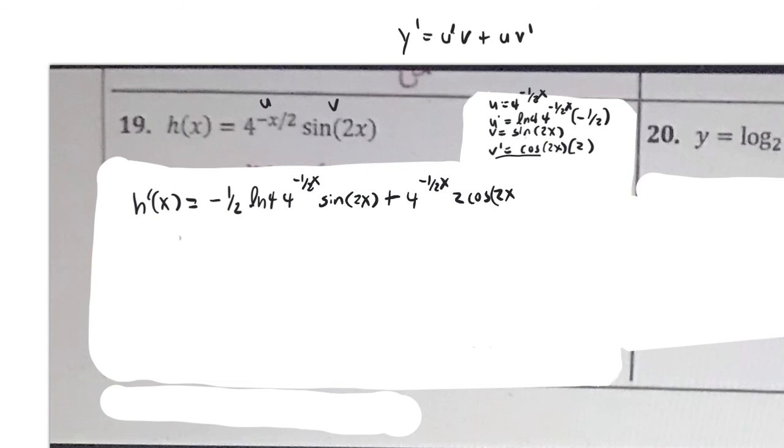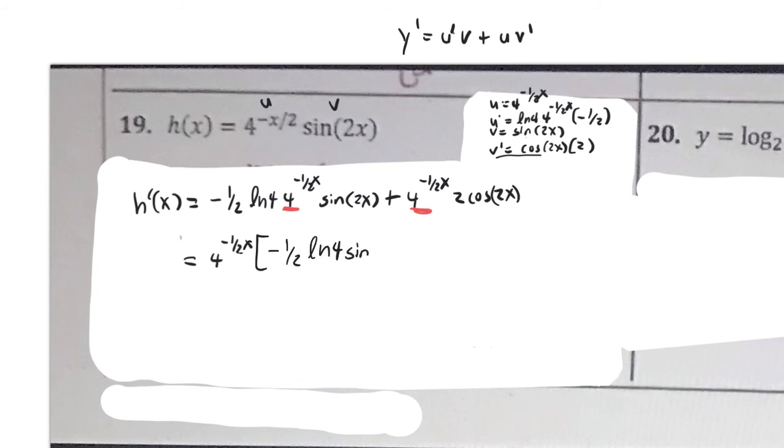All right. Now, we do have a GCF here, so we could take out that 4 to the negative 1/2 x. And what we would end up having is negative 1/2 ln of 4 times sine of 2x plus 2 times cosine of 2x.